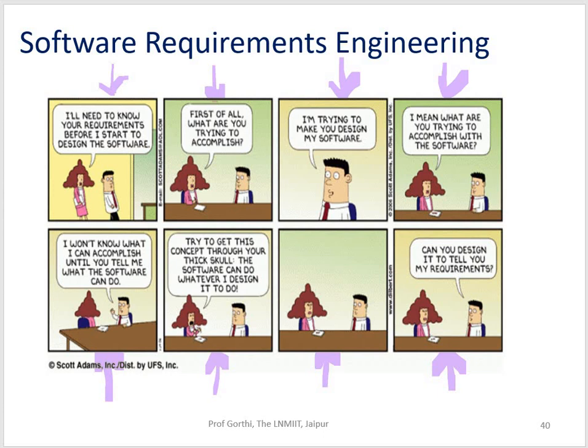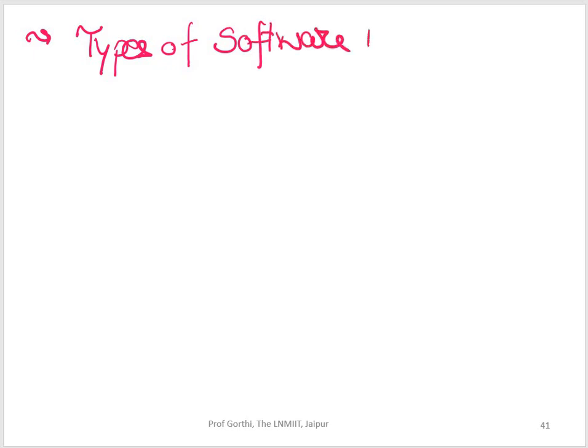So what we have is several types of requirements, or software requirements to be very specific. In which we have functional requirements.